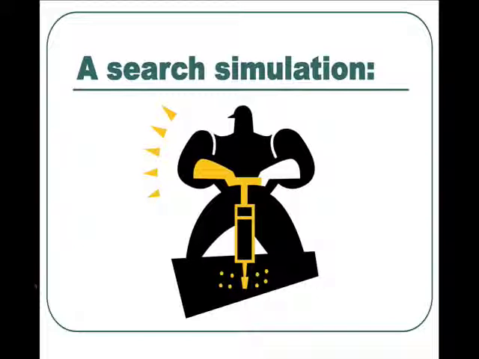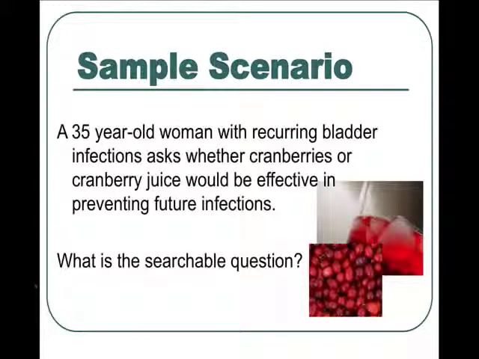We're going to use the topic of cranberries and urinary tract infections that we had before. This is a very uncomplicated scenario, and obviously most of the time patient scenarios will be much more complicated, but for the sake of demonstration we will keep this simple.